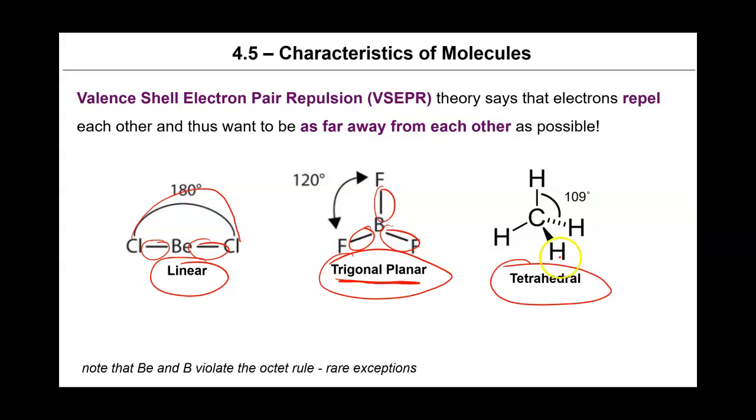And the tetrahedral shape that we're going to observe when we have 4 things attached to our central atom. Now, it's important to recognize that in addition to knowing the names of these shapes, we do expect that you also know the bond angles.